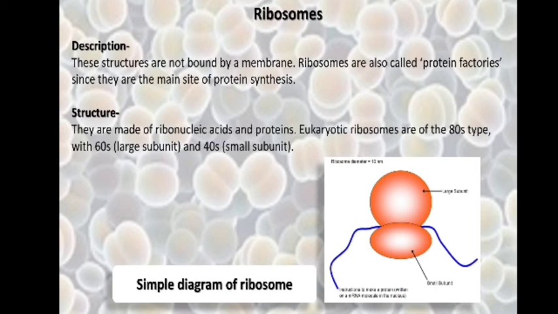Eukaryotic ribosomes have two unequal subunits designated as the small subunit 40S and the large subunit 60S according to their sedimentation coefficients. The small subunit monitors the complementarity between tRNA anticodon and mRNA, while the large subunit catalyzes peptide bond formation.